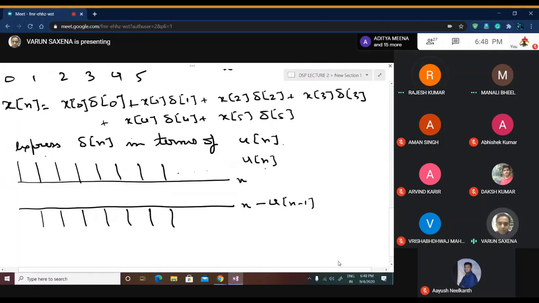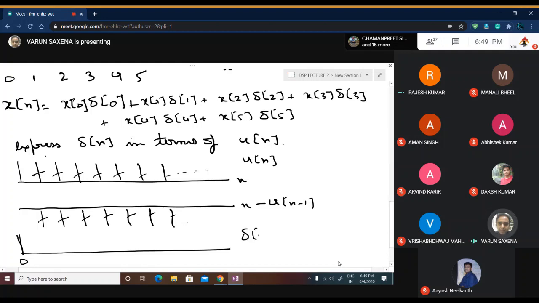When you add these two, this gets cancelled by this, this gets cancelled by this, all of these get cancelled, and so on and so forth, and what you're going to get is basically this signal which is at 0.